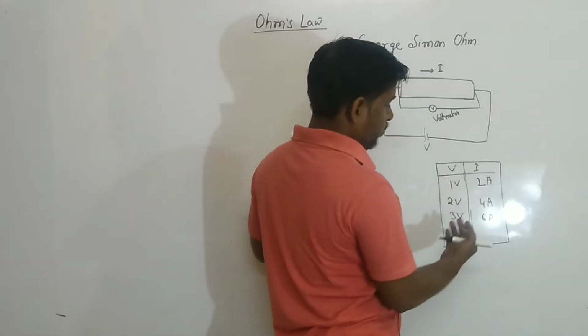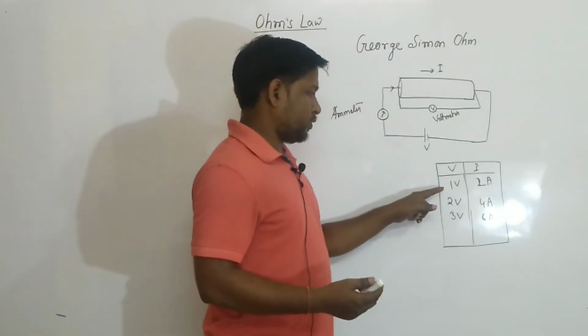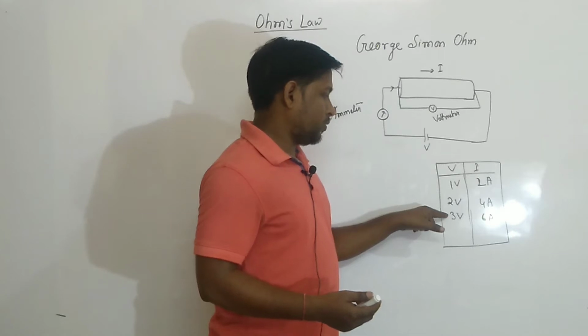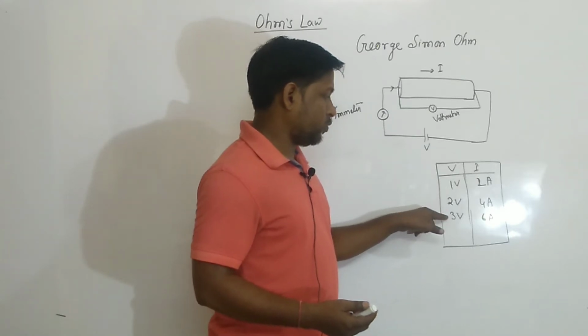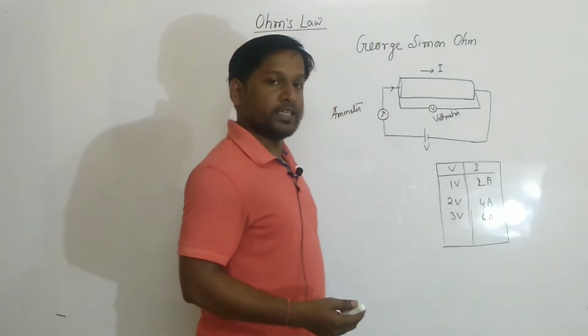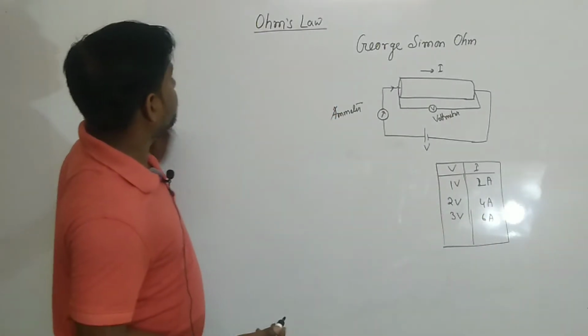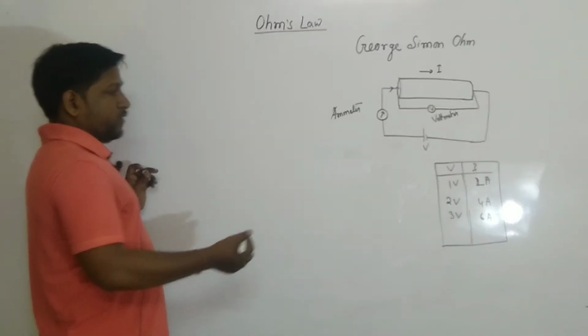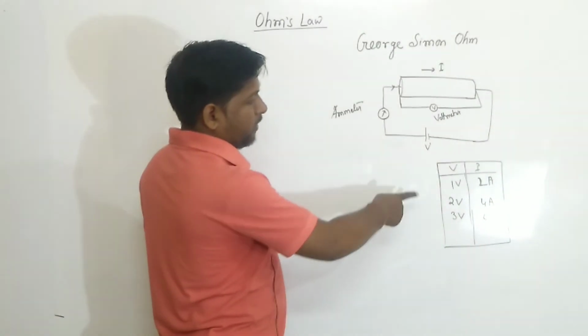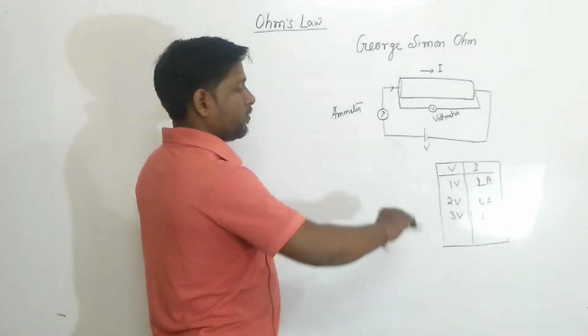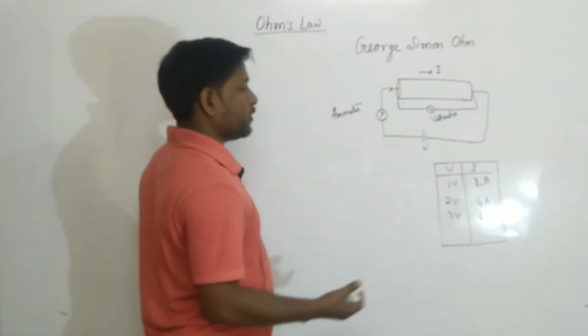That means we always find that if the voltage is adjusted to a value equal to 3 times the initial value, then the current also gets multiplied by 3. So it is very clear that whenever voltage is increased by a certain amount, current also gets increased.